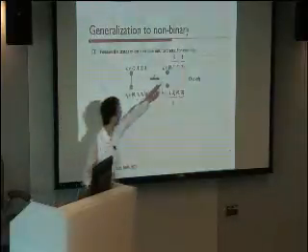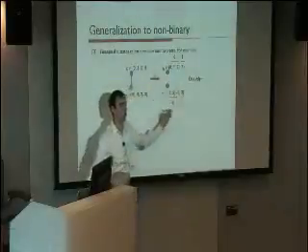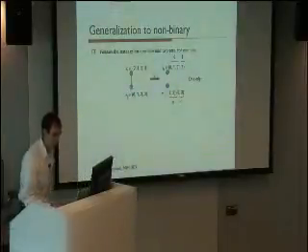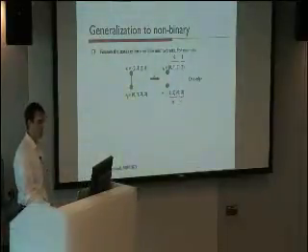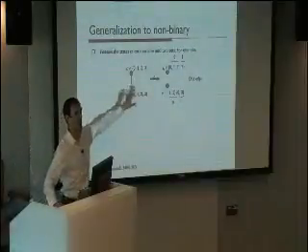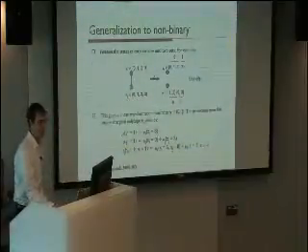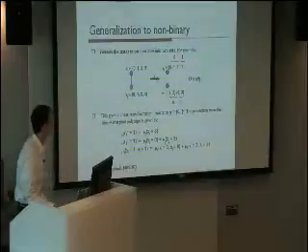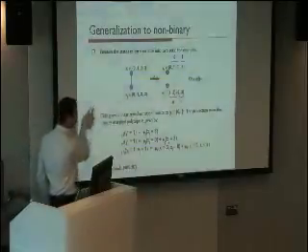We'll just call this the new 0 and this the new 1. So this would be one way of turning a non-binary problem into a binary problem. And in fact, it gives us a linear transformation, which I'm just going to illustrate for this one edge.